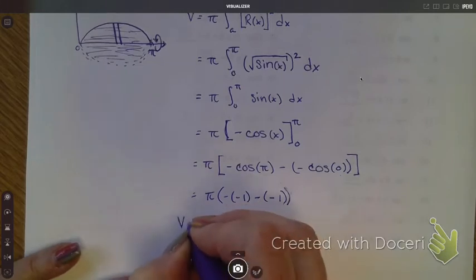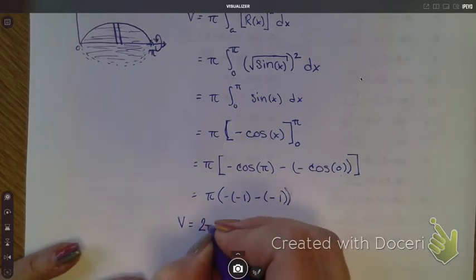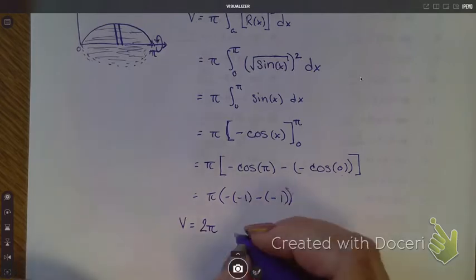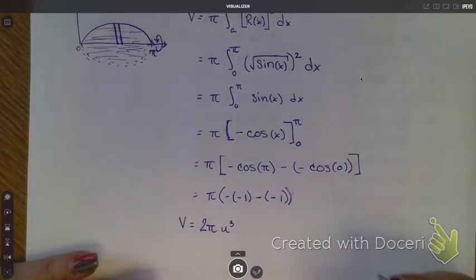So my volume is 2 pi. They don't give me any units, but it would be units what? Cubed, because it's volume. If you want to put units cubed, just so you remember, but they don't give me any units.